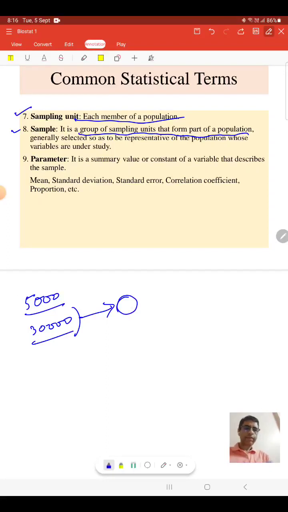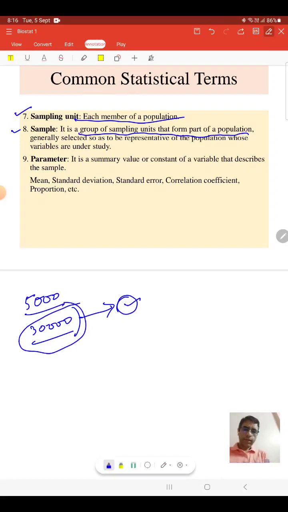There are various checks and measures, various methods by which we choose an ideal sample size, and accordingly we choose a sample. We choose a certain number of sampling units, which we shall study to find out the status of the entire population.